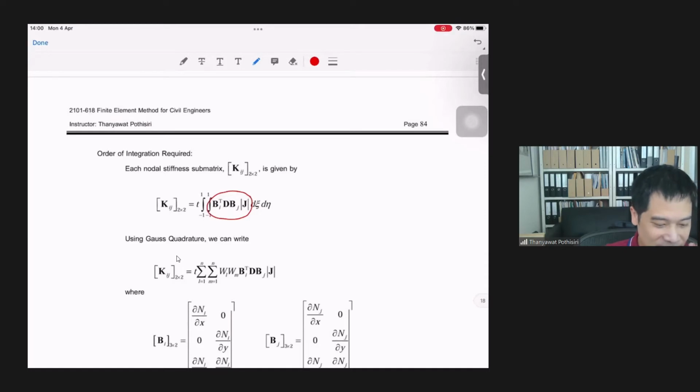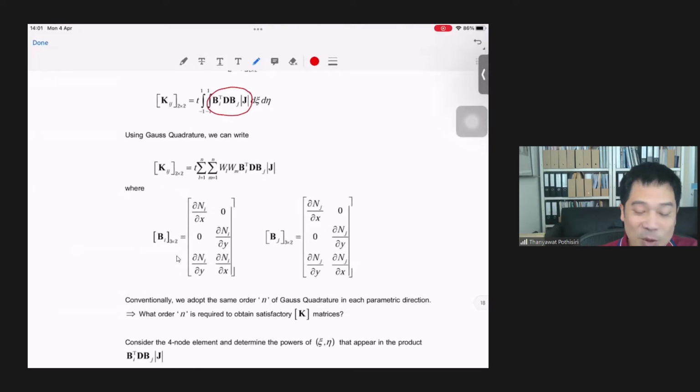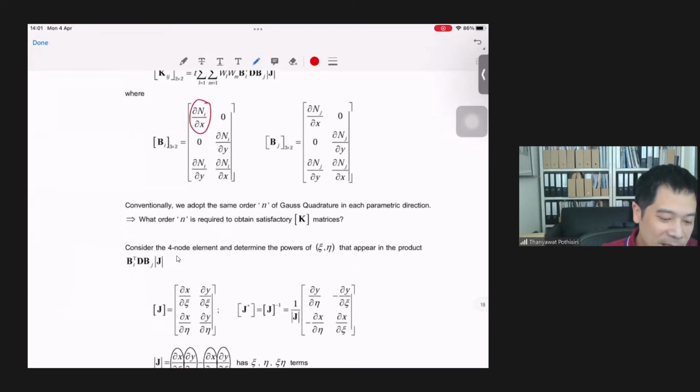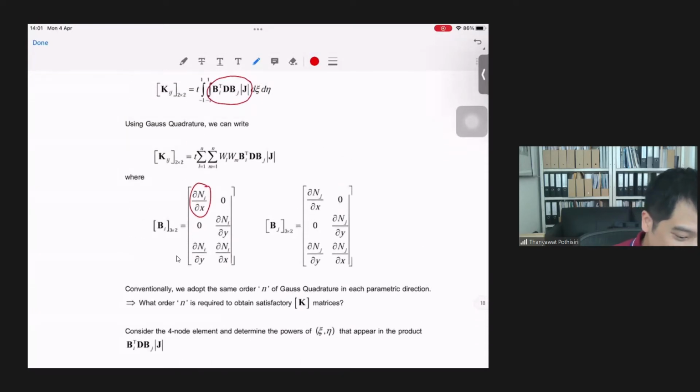So if you look inside the B matrix, you know that the B matrix contains the derivative of the shape functions like this. Okay. Now, besides the B matrix, you also have this determinant of the Jacobian matrix as well. Okay.